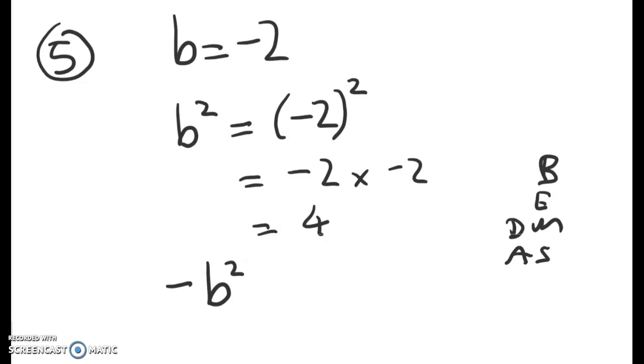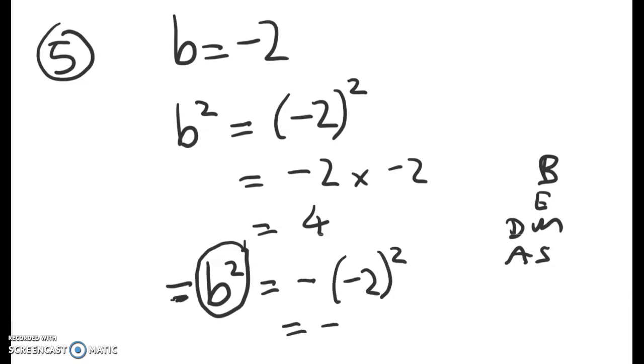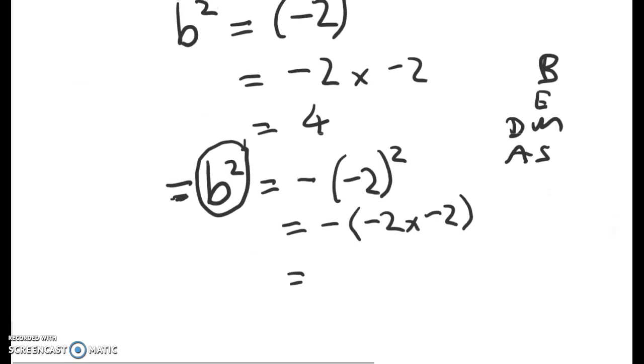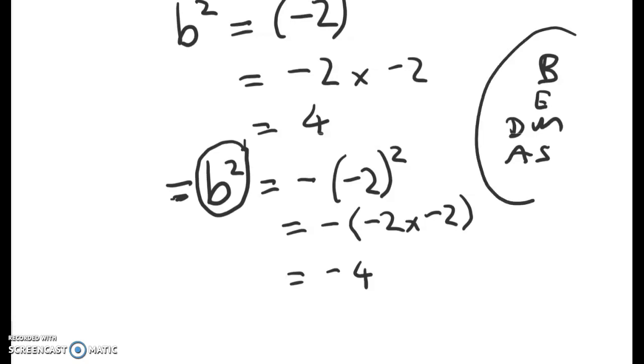We haven't got any brackets here, but we have got some exponents. So we need to do this before we multiply by the -1. So -b squared is equal to negative of -2 squared, which is the negative of 4, which gives me -4. Okay, so I just chuck that in there because it's pretty easy to muddle those up. So that's why you really have to have that in the front of your mind when you're doing these.